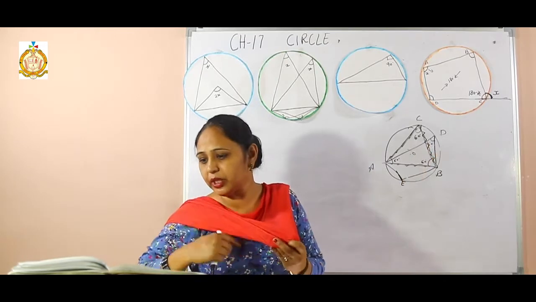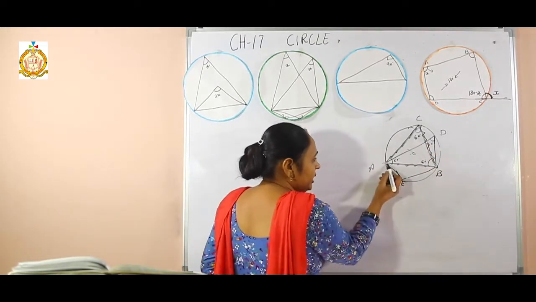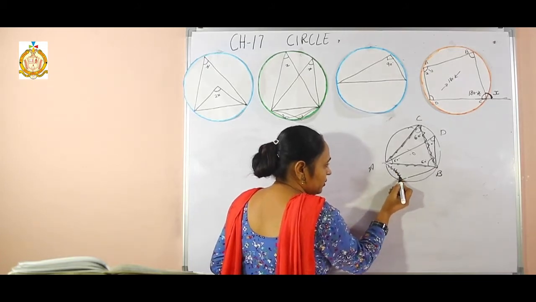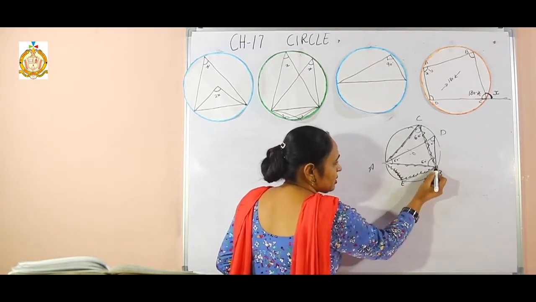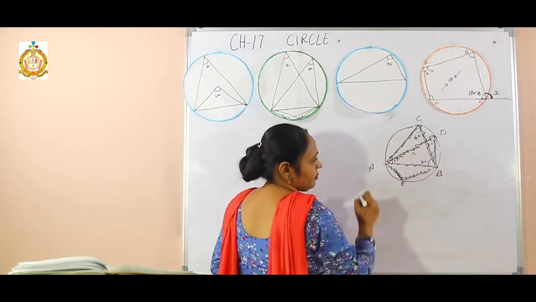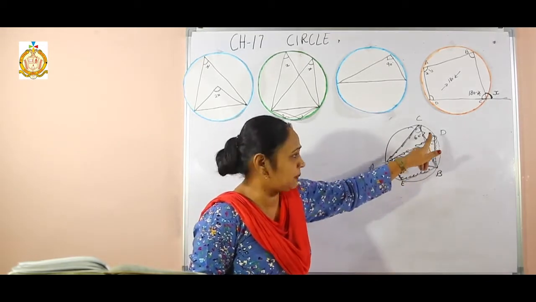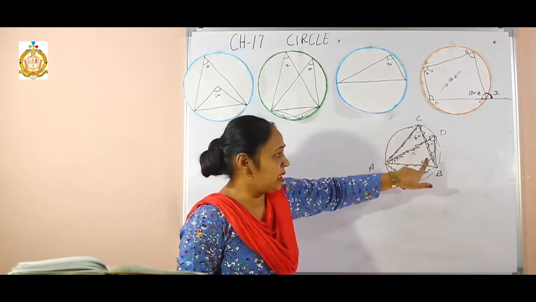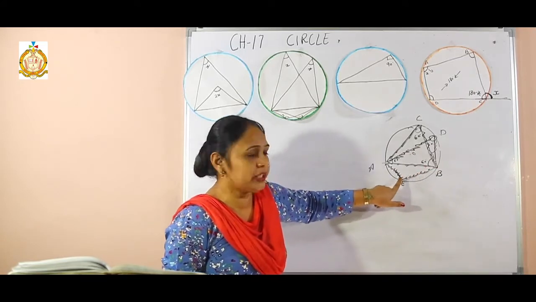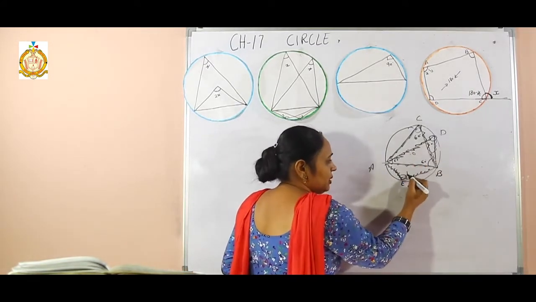Then it asks for the angle AEB. AEB. Now see students, I can take here. See this one. Now four-sided figure with points on the circumference. That means it is a cyclic quadrilateral. And angle D is opposite to angle E. It means these will be supplementary.